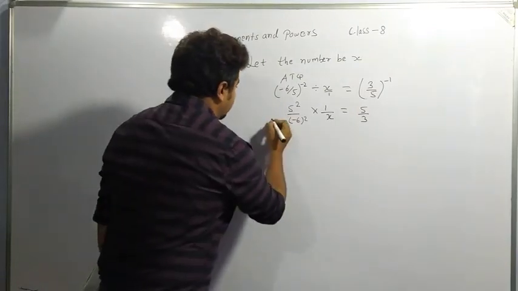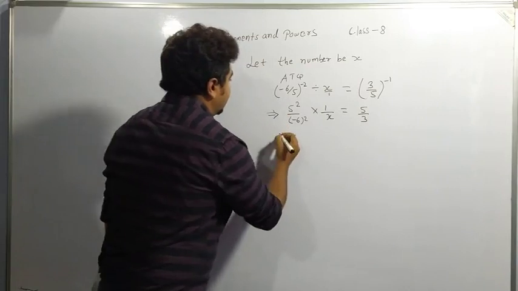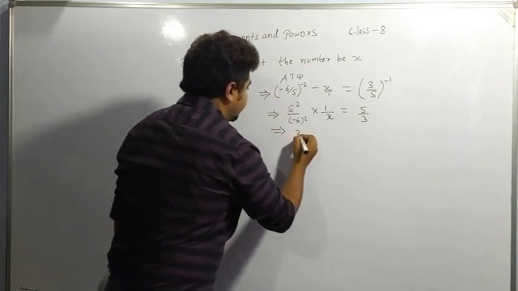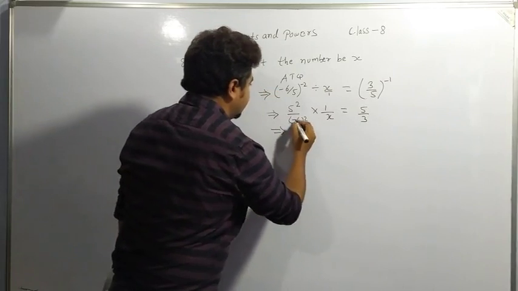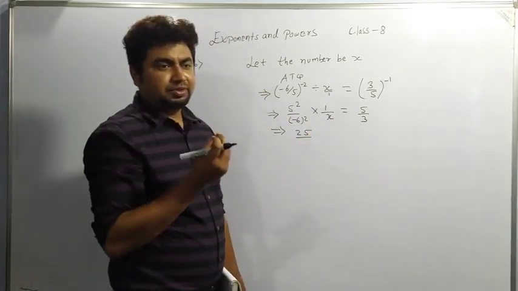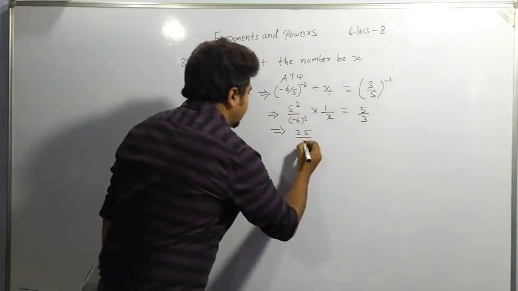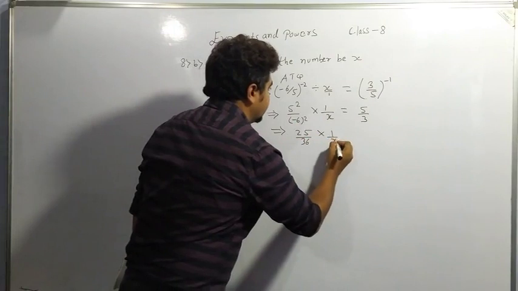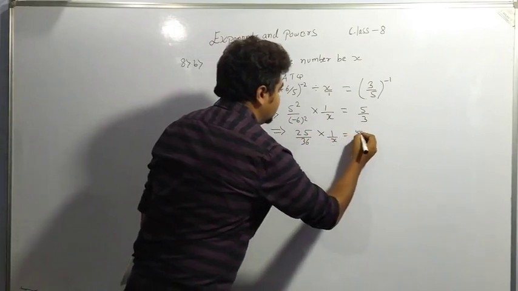Now 5 square implies, again 5 square is 25. This is minus 6 square. As we know that even power of minus is there, means it will be converted into positive. It will become 36 into 1 by x equal to 5 by 3.